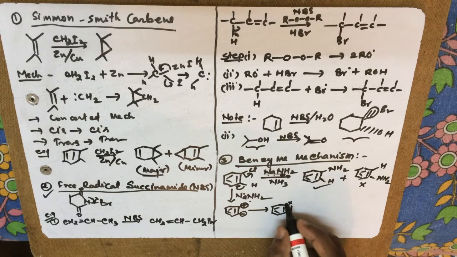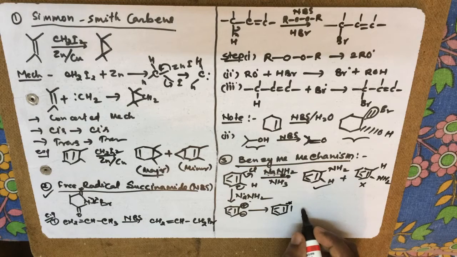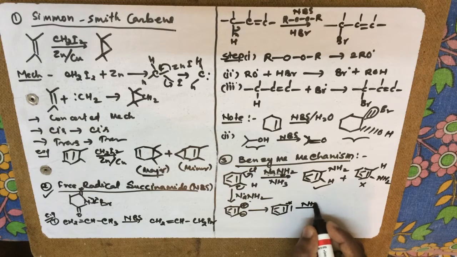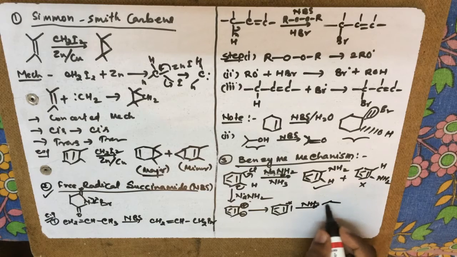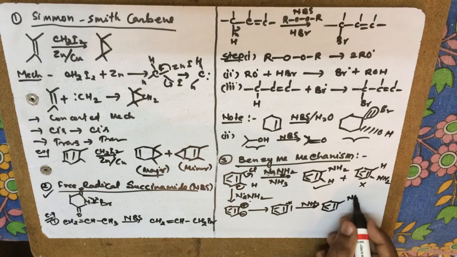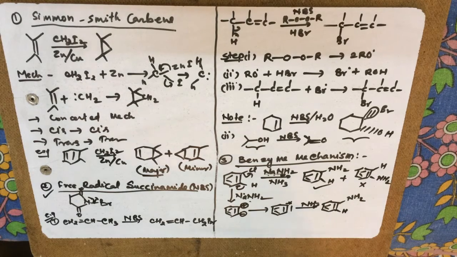Okay, so here your ammonia will react, NH2H. Okay, but it will not react on this side. Okay, maybe it forms a product, but not the major product. The major product forms like this.